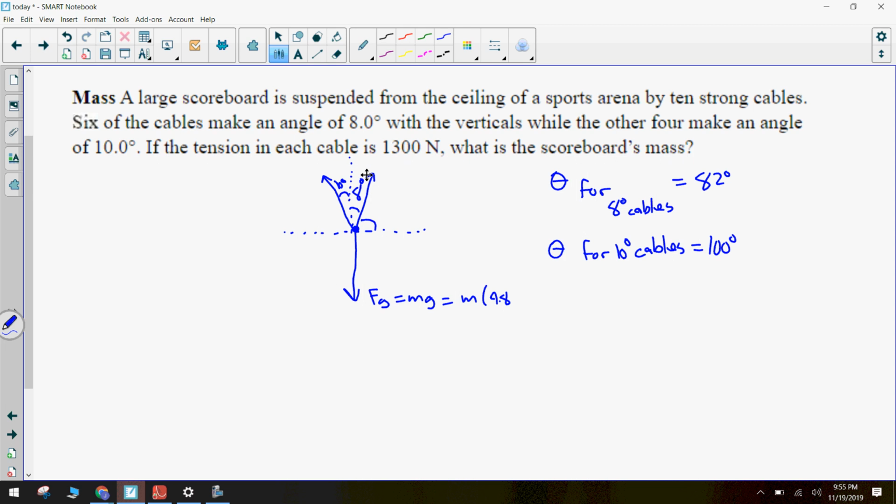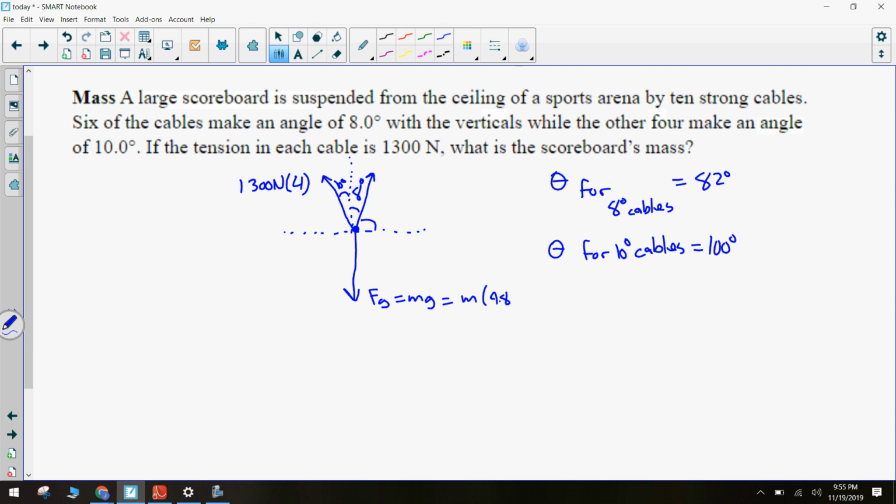So this is a little bit more complicated just because they added some extra stuff. So there are four identical forces right here. Four of these identical forces that are at the 10 degrees, but each force is 1,300 newtons.